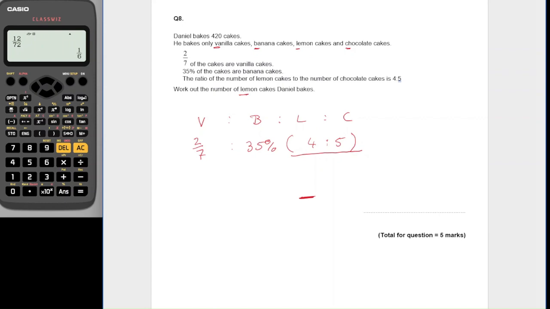So what I'm going to do is work out this. 2/7 times 35%, or times 0.35, will give us what has already been covered. I think it might give me it as a fraction.